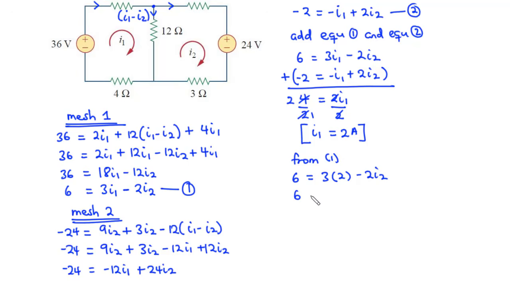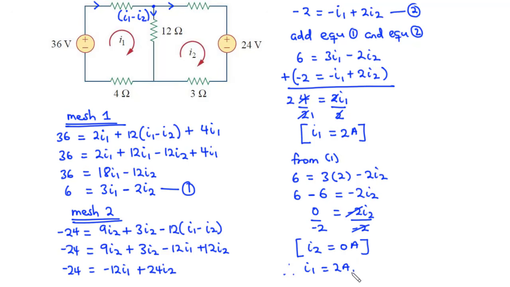So we have 6 minus 3 times 2 is 6. So we transpose 6 to the left hand side, it becomes negative, equals negative 2I2. 6 minus 6 is 0, equals negative 2I2. We divide through by negative 2 by negative 2, and then we have I2 to be equal to 0 amperes. So therefore we have I1 to be 2 amperes and then I2 to be 0 amperes.